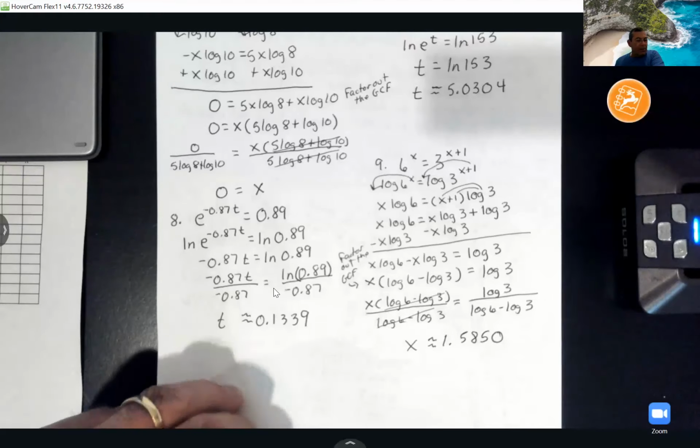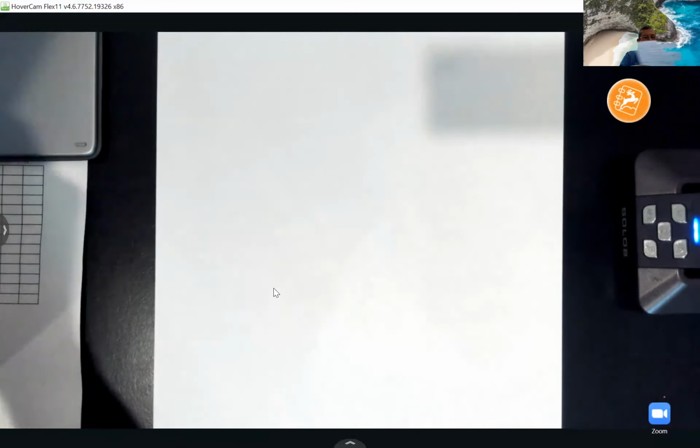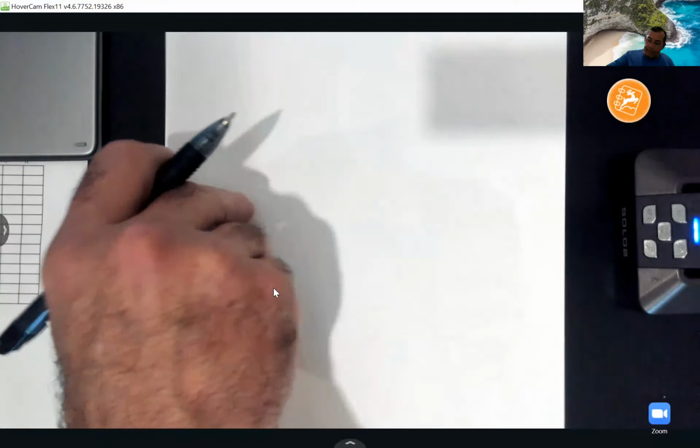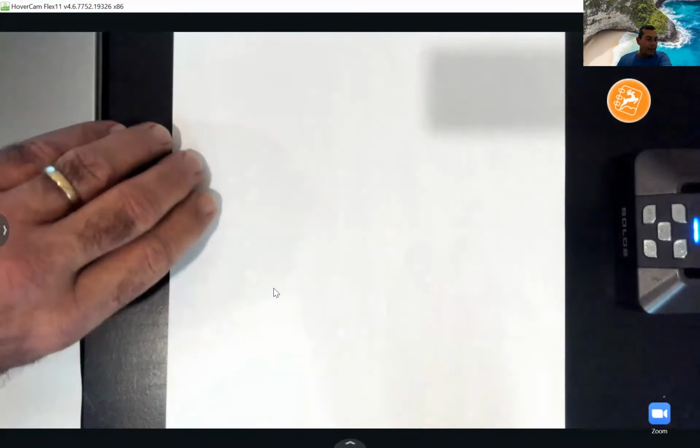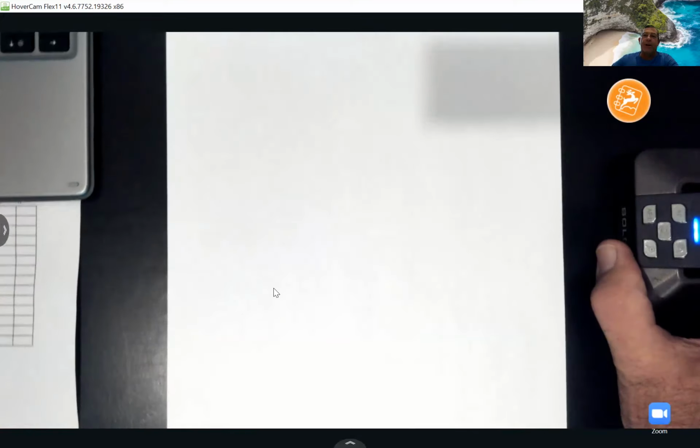All righty, y'all. So that brings us to our logarithmic equations. Now, the logarithmic equations, we don't really have to round any decimals on them, okay? That was mainly just your exponential equations.